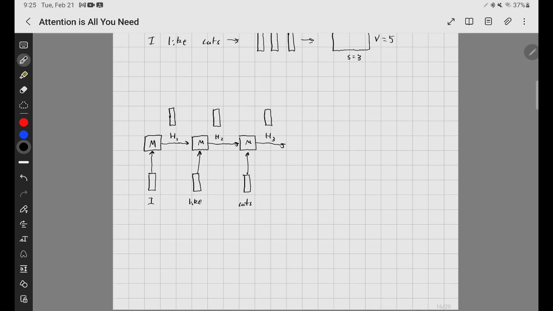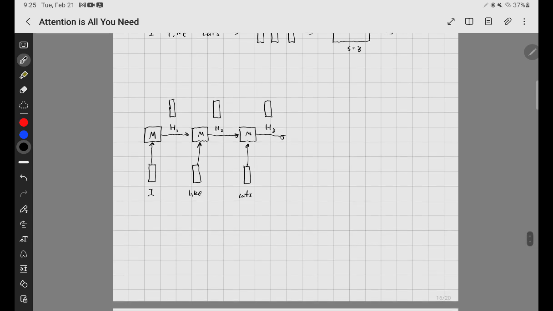And from here, we want to decode it. So now you use the same exact module, or you can use a different module. I'll call this M2. This will be M1. And then it'll output a word. So that'll be me. And then it'll keep changing the hidden representation. So H4.